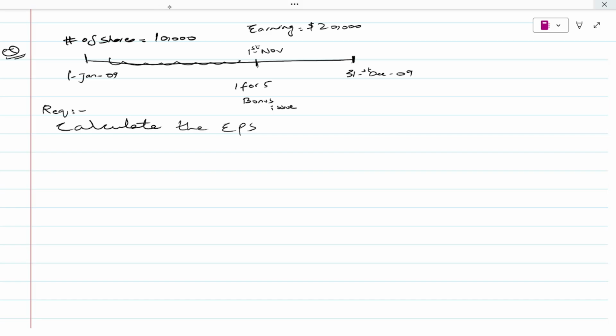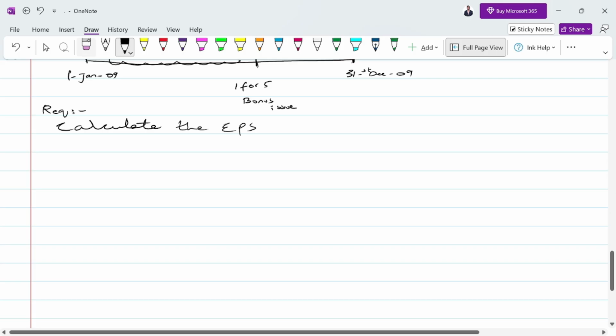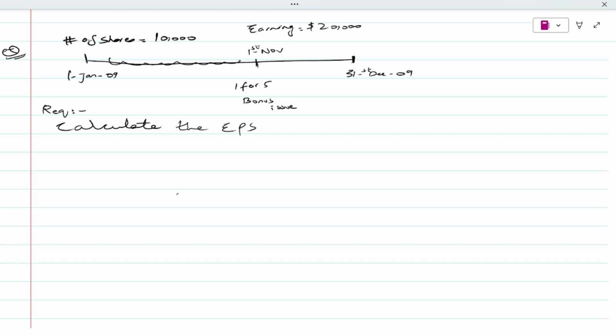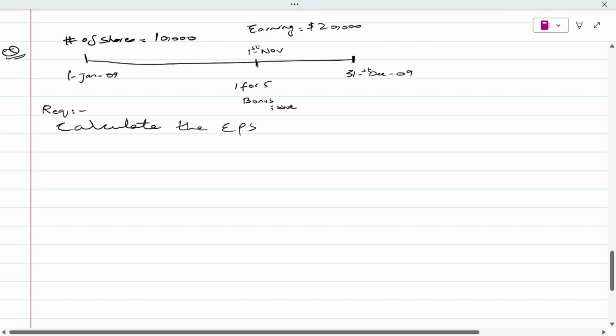No, you're not going to do it like the full market price method. What you're going to do is that over here in the bonus issue question, you will always adjust the bonus issue amount from the beginning of the year. Okay, so don't worry, we will look at that in a second.